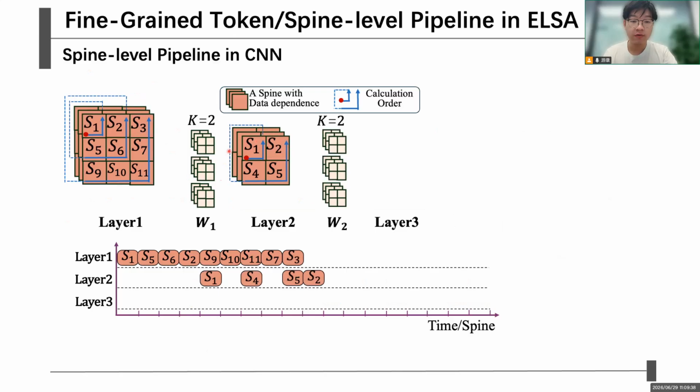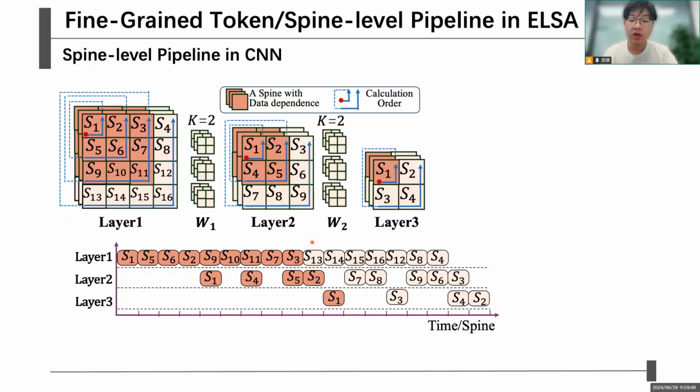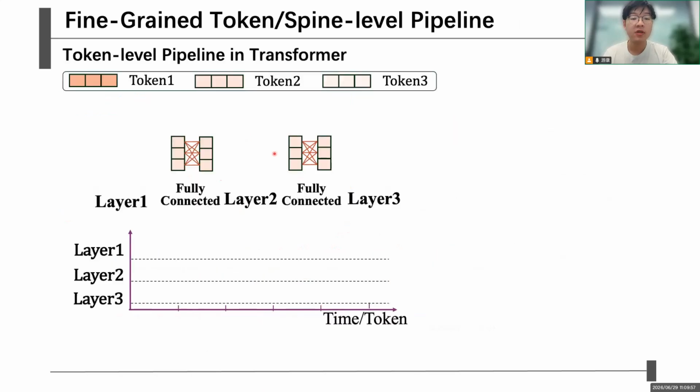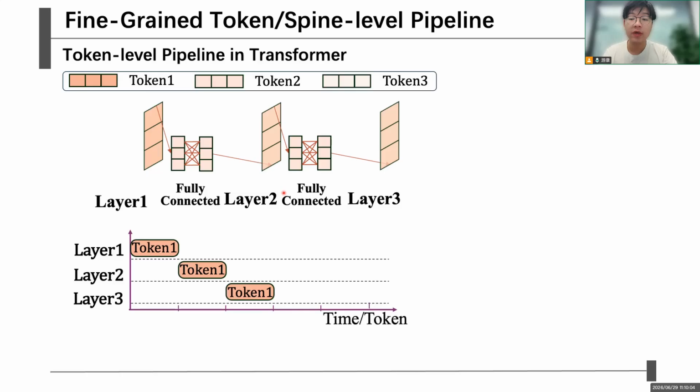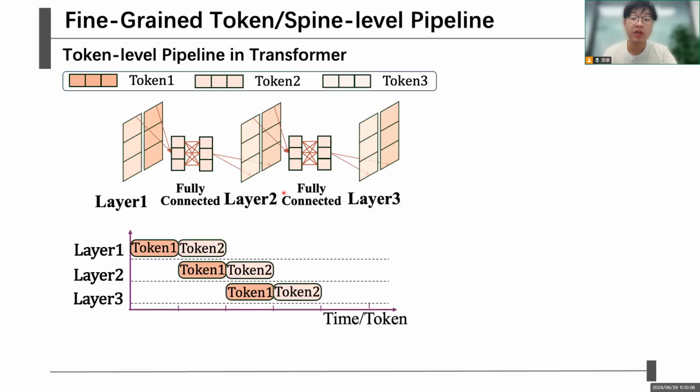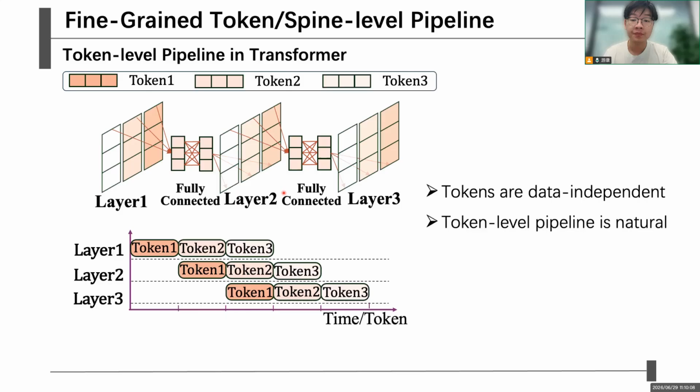When the computation of S1, S2, S4, and S5 in layer 2 is completed, S1 in layer 3 begins to calculate. With this calculation order, downstream data dependencies are satisfied earlier, enabling earlier execution for subsequent layers. For the token-wise pipeline, tokens do not have data dependency on each other. Therefore, we can naturally pipeline the computation at the token level.